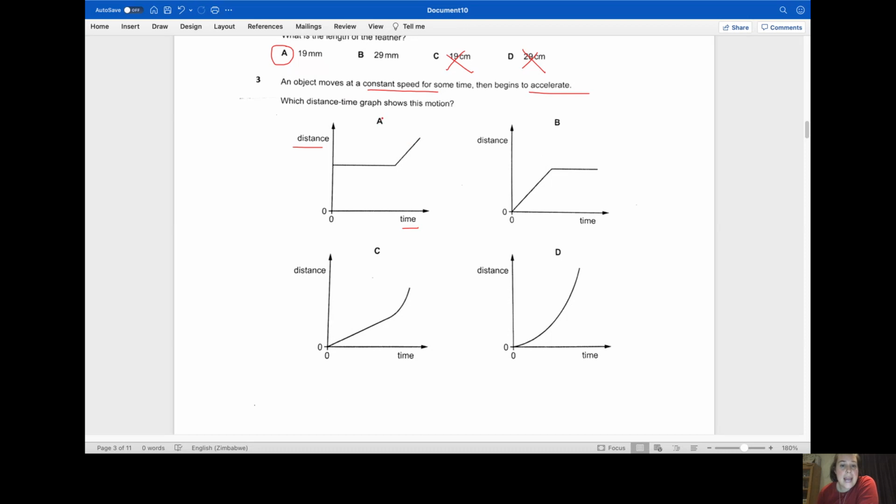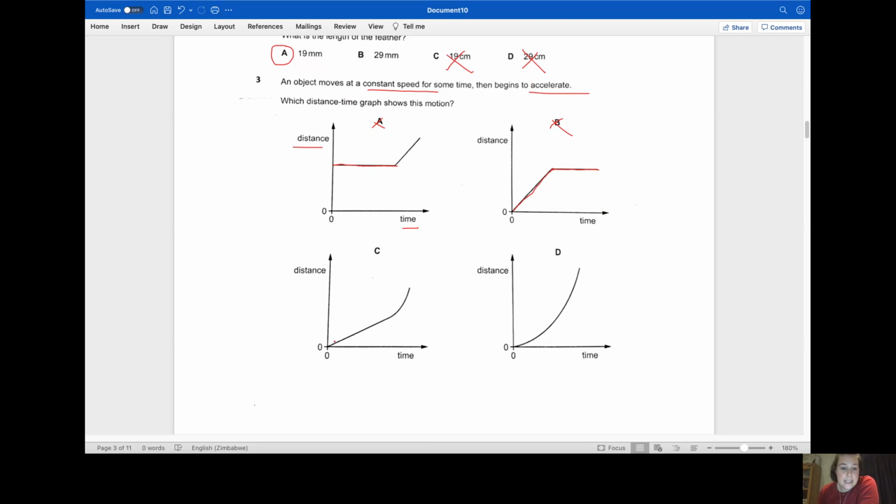It is not A, because here the distance is not changing, which means your object is not moving. Here we do, this is a constant speed, yes. So that ticks the first half, but it's not B again, because now we've got this flat line. That distance is not changing, therefore my object's not moving. So it's not accelerating like it should.